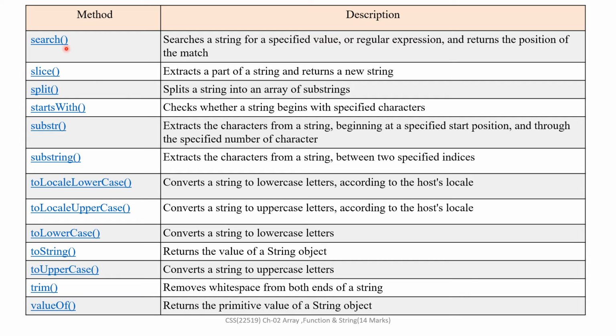Now next is search. It searches a string for a specified value or regular expression and returns the position of the match. slice extracts a part of a string and returns a new string. split splits a string into an array of substrings. startsWith checks whether a string begins with the specified characters.